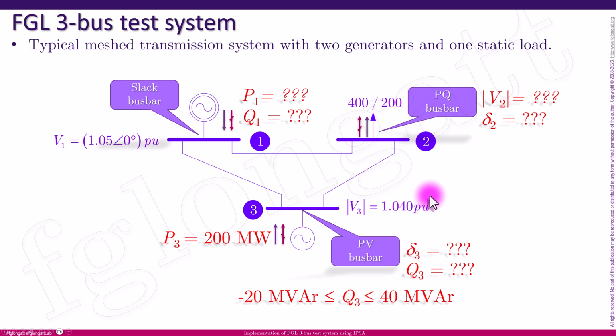And I say try because in this case, this generator has reactive power limits. So the capacity of this generator to keep this voltage constant at 1.04 depends on the ability of this generator to fulfill those limits of reactive power.